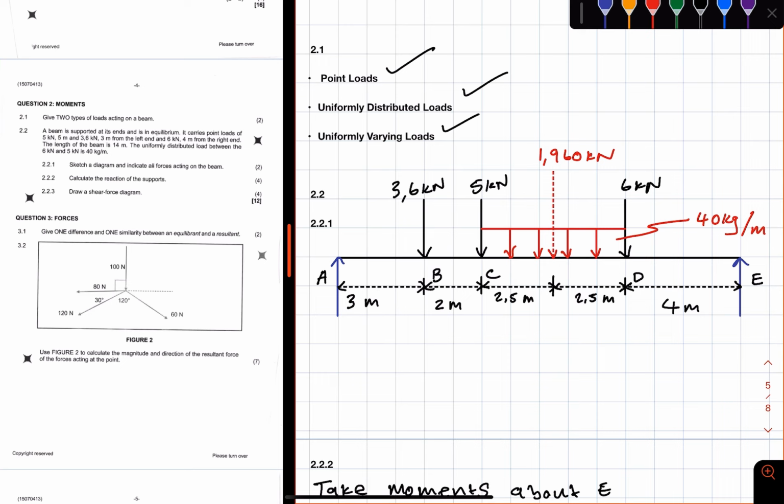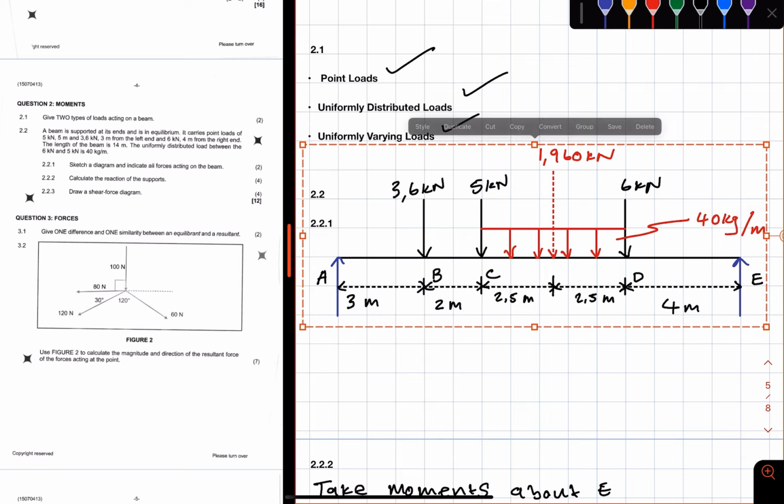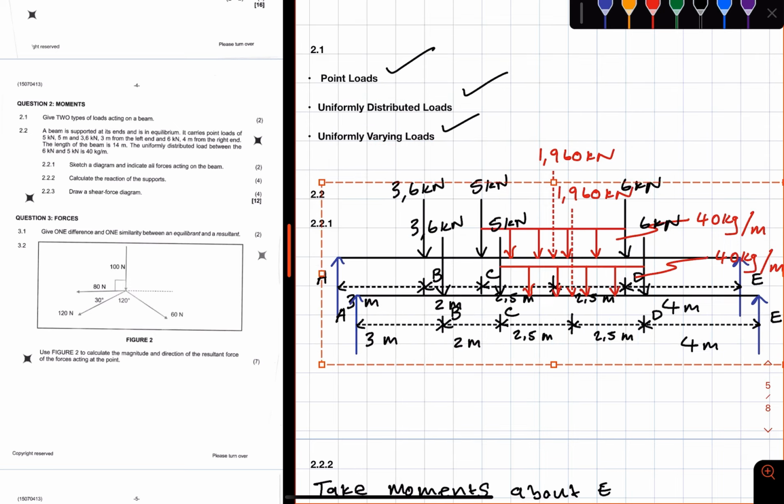So what we are going to do is take the free body diagram and copy this.